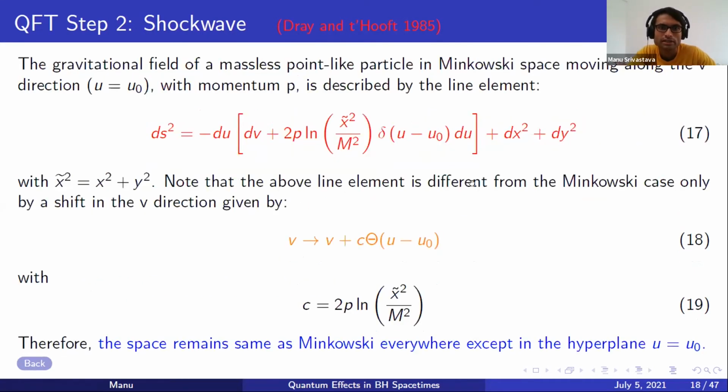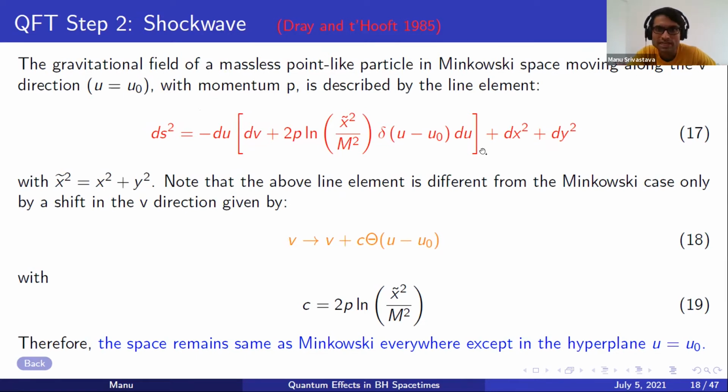What Dray and 't Hooft showed is that if there is a massless point-like particle moving along the v direction, that is along u equal to constant, with some momentum p, then it changes the background space-time.